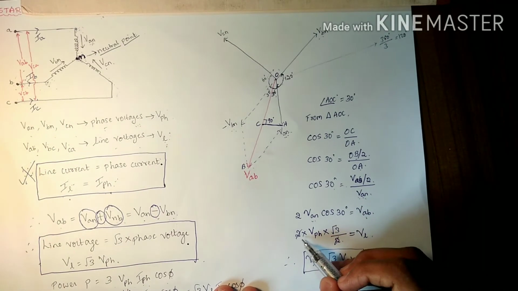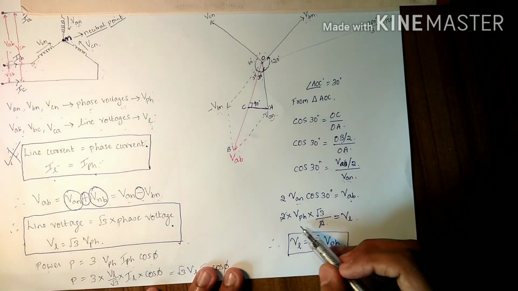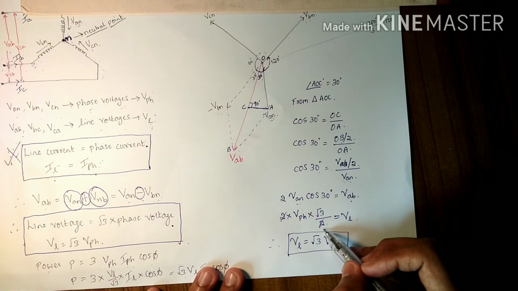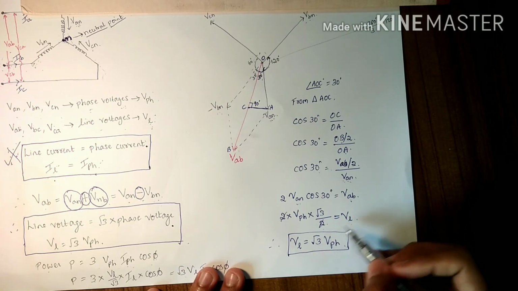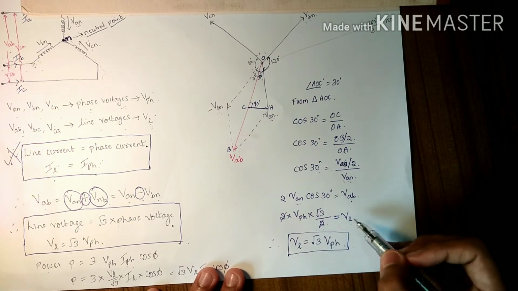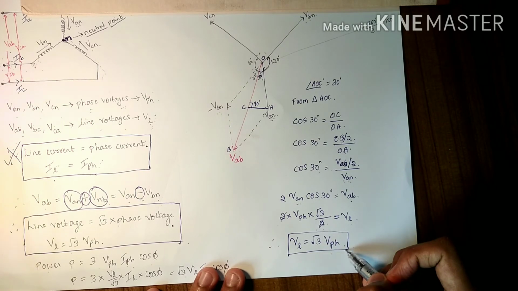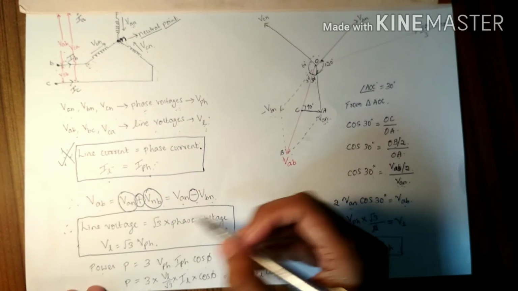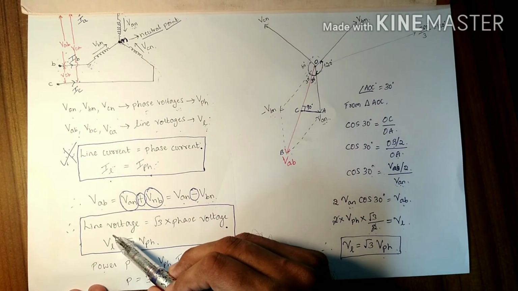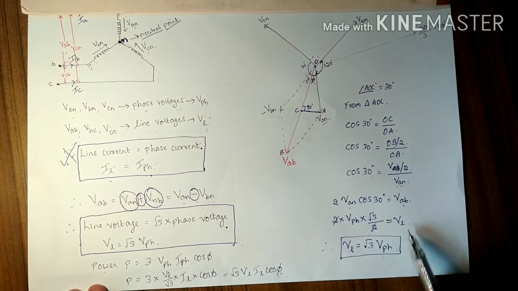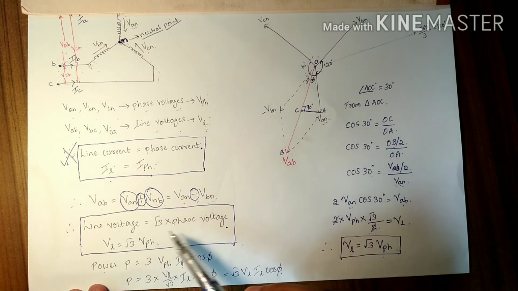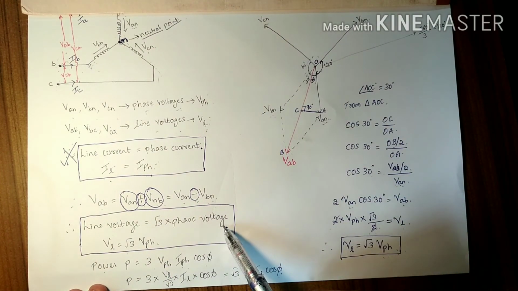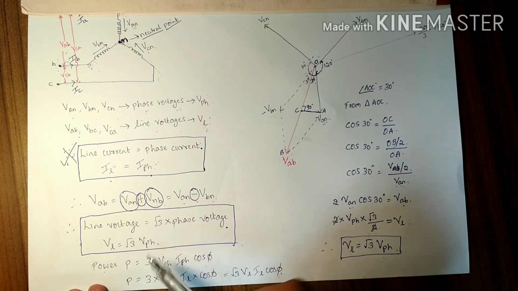Therefore 2 V phase into root 3 by 2, since cos 30 is root 3 by 2, is equal to VL. Here 2 and 2 will cancel. VL is equal to root 3 V phase. So you can see that for a star connection, line voltage is equal to root 3 times phase voltage, or VL is equal to root 3 V phase.